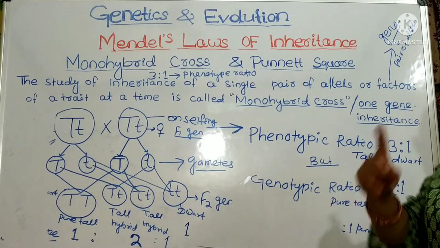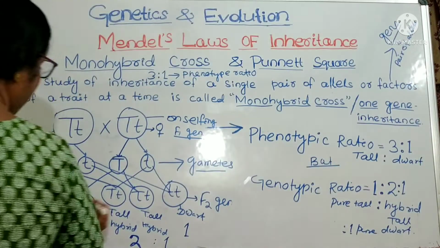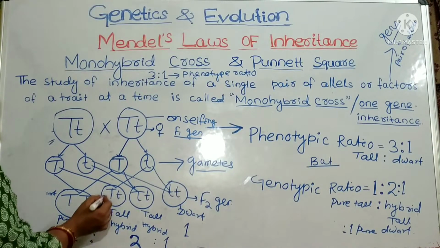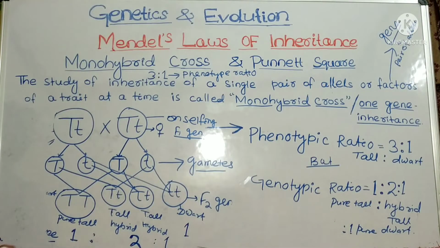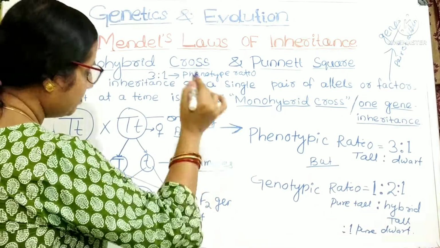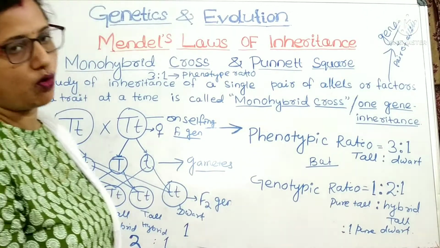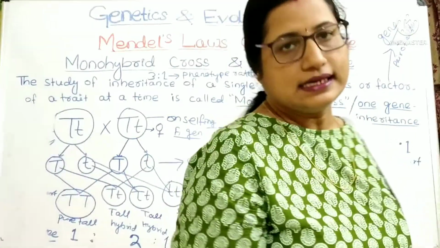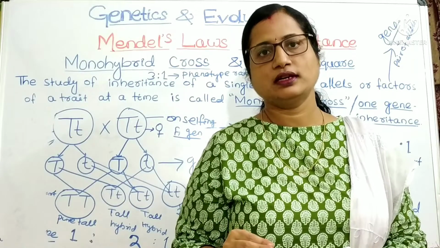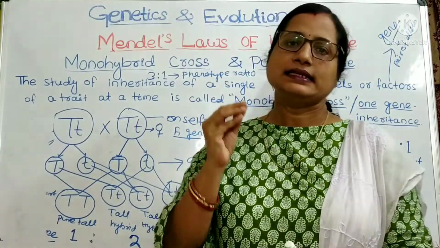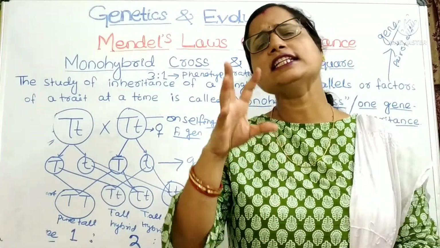That is, 1 is pure tall, that is capital T and capital T, and 2 are hybrid tall, that is capital T small t, capital T small t, and 1 is pure dwarf, that is small t and small t. So these are all about the monohybrid cross. Let's see the Punnett square. What is Punnett square?